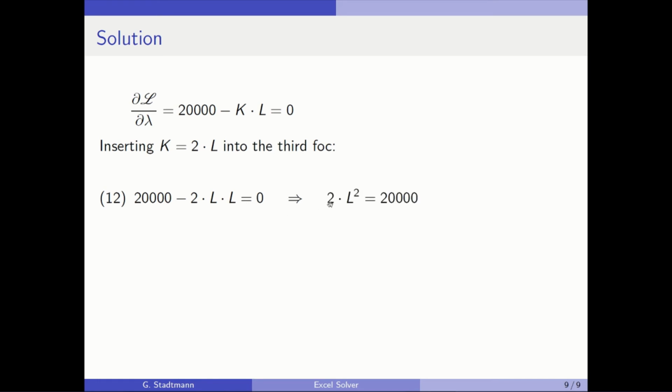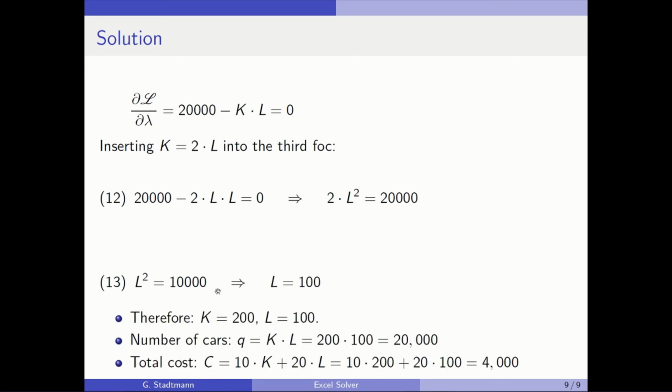Hence, we get 2 times L squared is equal to 20,000, or L squared is equal to 10,000. When we divide this relationship by 2, we get to equation 13. When we take the square root, it is clear that L should be equal to 100. When L is equal to 100, K is equal to 200.